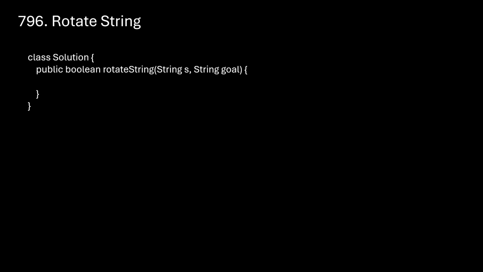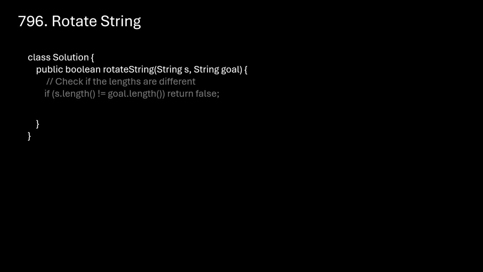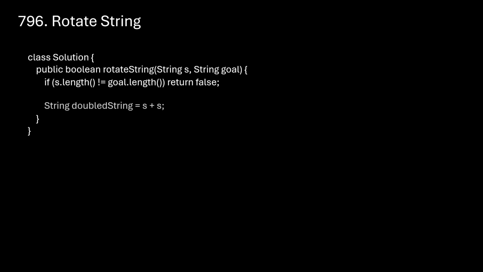So yeah. Now the question is, can we do better? Yes, we can. If we were to start with the same solution, we simply check the same initial base case, if the lengths are not equal, then return false. Otherwise, we'll just get a doubled string, which is just the concatenation of the first string s with itself, and then we just simply check if the doubled string contains the goal.